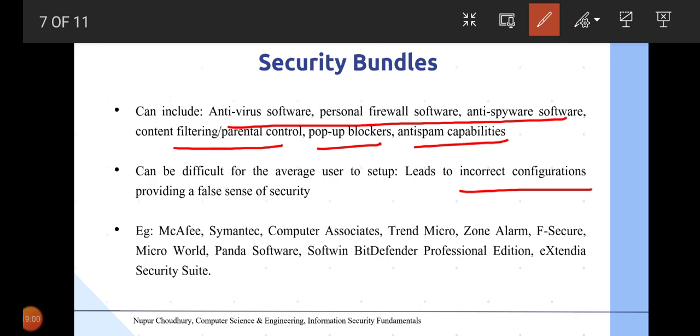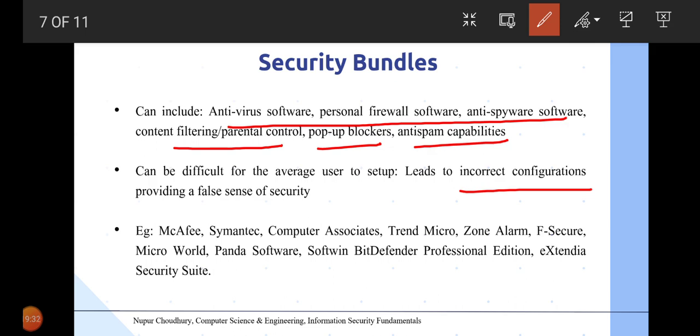However, if that person lacks the technical knowledge regarding installation, it may not be installed in the proper way, and the sense of security that we had developed or assumed is not a true one. It is a false sense of security, and we will not be bothered much about the vulnerabilities because we have already installed the security bundle according to us. But since it is not correctly installed, that security will be compromised.